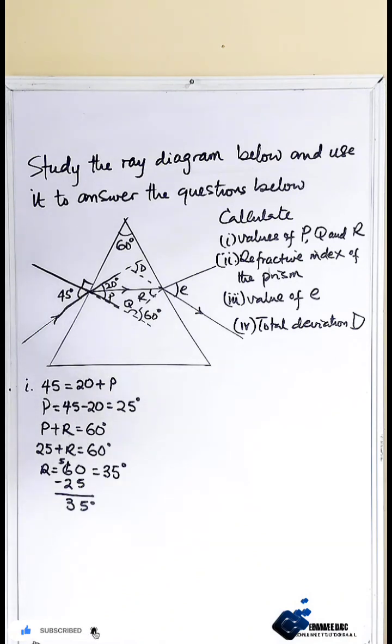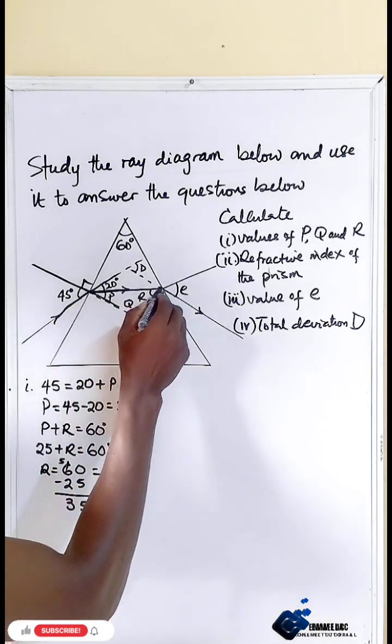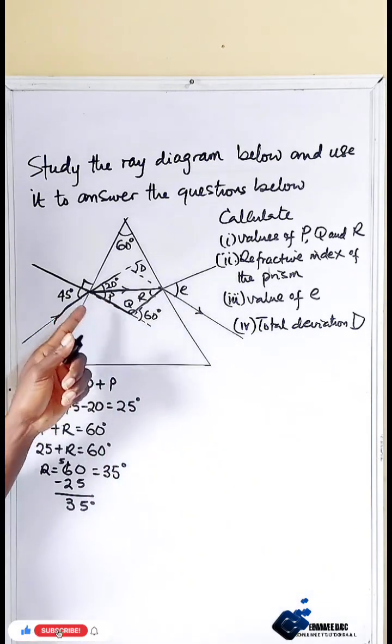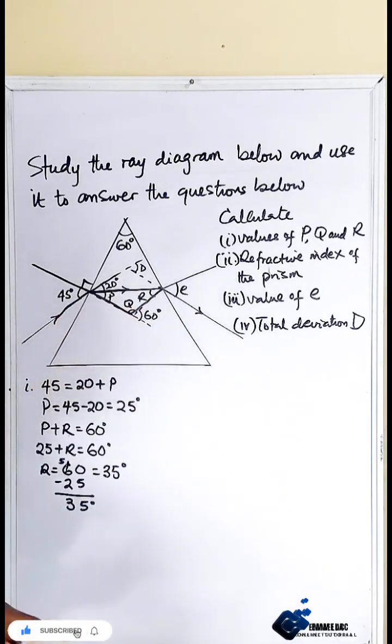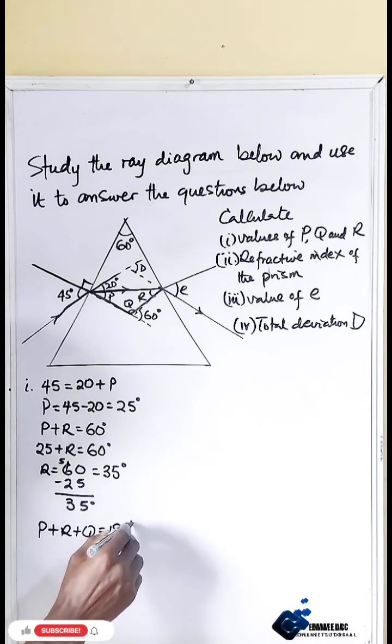Now to this end, our Q. Looking at this triangle here, the sum of angles in a triangle must be equal to 180. So we can say that P plus R plus Q equals 180.